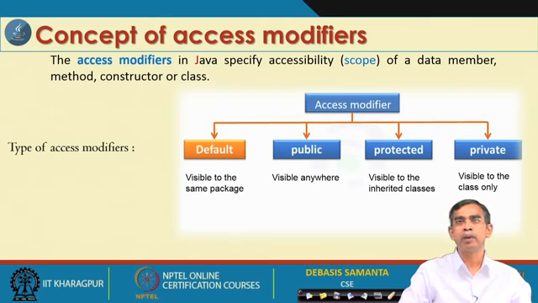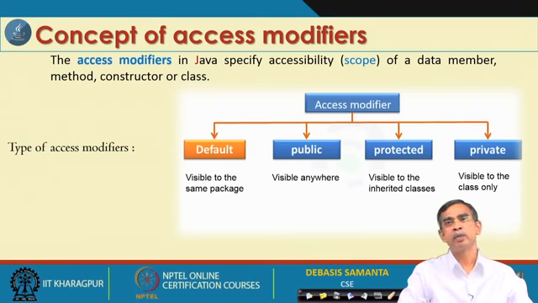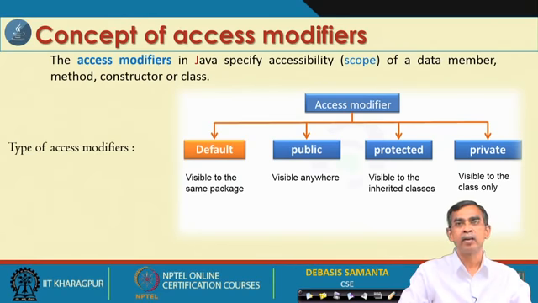That means if we do not use public, protected or private, and just keep it blank, then the access specifier is called default. If it is default, then that member will be accessible to any class that belongs to the same directory where that class belongs, that is, the same package. Otherwise it cannot be accessed.